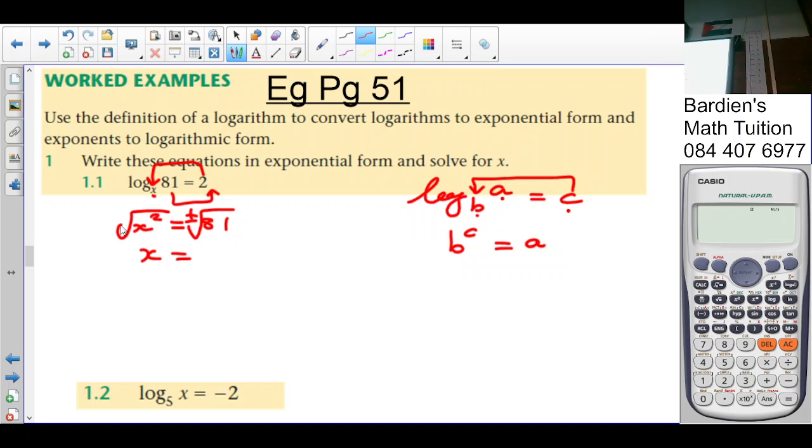No, your c doesn't have to be positive, sorry. Your a and your b have to be positive. So x can only be positive 9. It can't be negative 9. So x is equal to 9 is the solution.